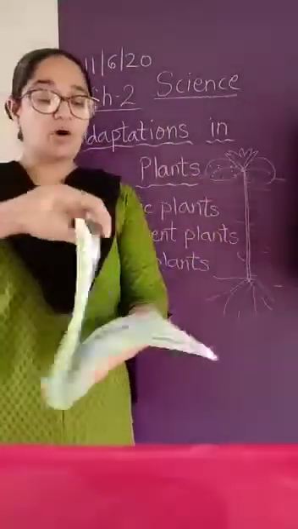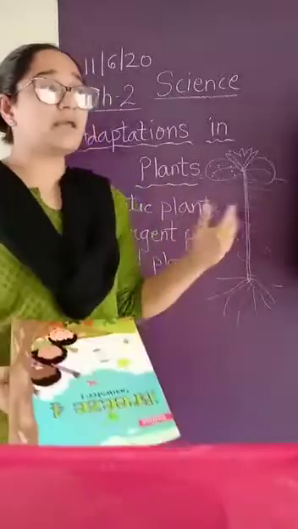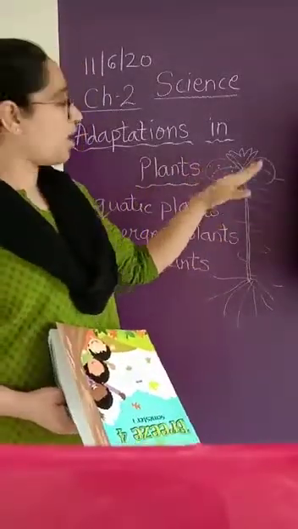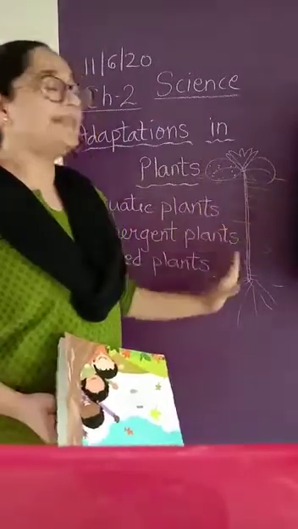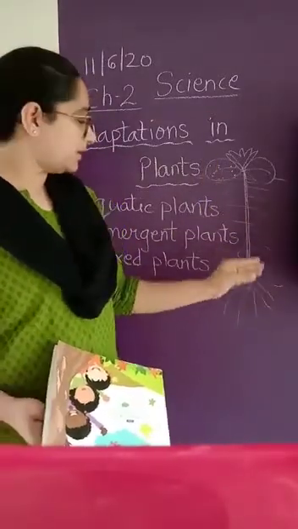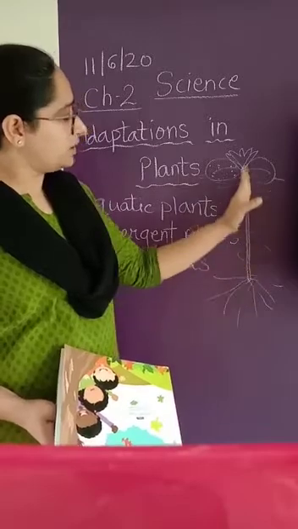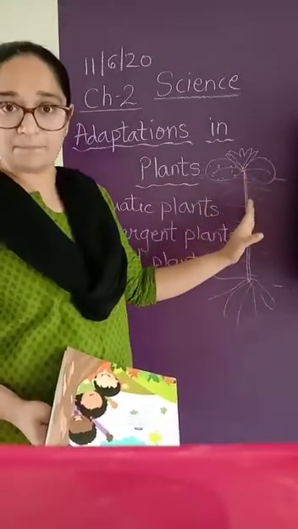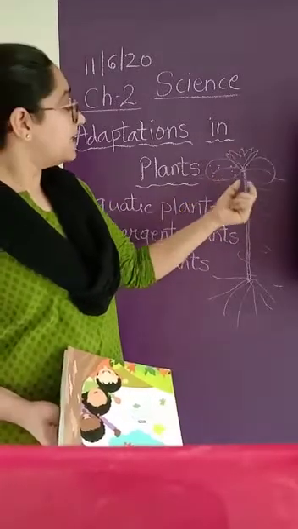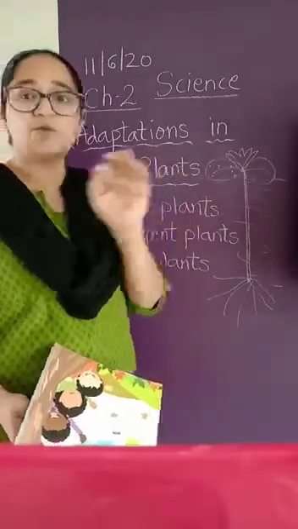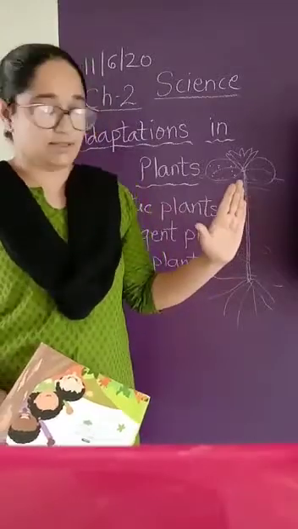So what we are talking about is adaptation. How this plant has changed itself so that it can live in the water. What it has done? It has grown a long hollow stem so that it reaches the water surface. Then the leaves are waxy so that water does not sit on it.